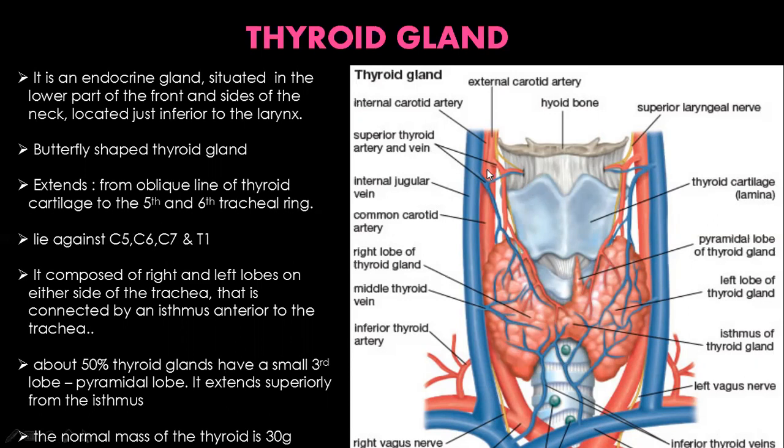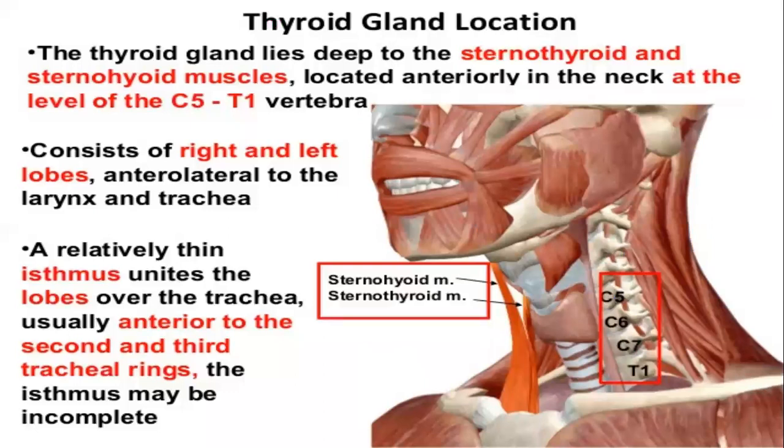And it is present deep to the muscles, those are the sternocleidomastoid muscle and the sternothyroid muscle. You can see this is the sternocleidomastoid muscle and this is the sternothyroid muscle. These muscles are located in the anterior portion of the neck at the level of C5, C6, C7 and T1 vertebrae.